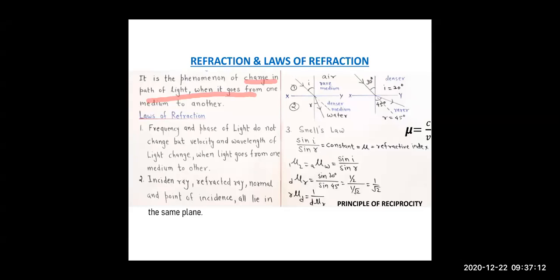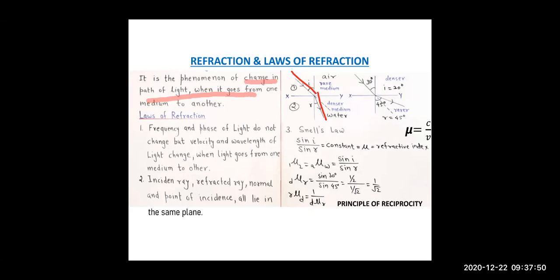As the light enters from one medium to another, here you can see the light is entering from air to water. Suppose you are having a bucket which is filled with water. So inside the bucket, the medium is water, and just outside the bucket, it's air. So if light enters from air to water, as they are two different mediums, the bending of light will occur, that is, refraction will take place due to change in the speed of the light.